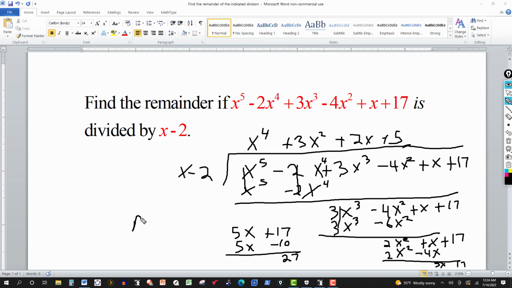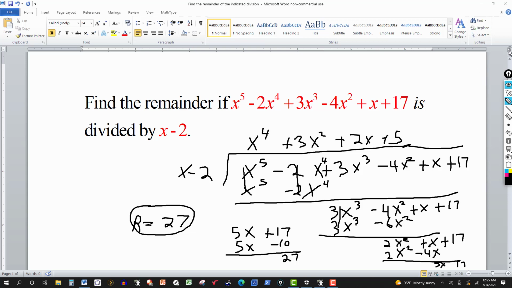So the answer to this one is the remainder, I'll use R for remainder, is equal to 27. So notice the complete quotient is x to the fourth plus 3x squared plus 2x plus 5, but it just wants the remainder. So we do all of this just to get the remainder. So the remainder is 27.